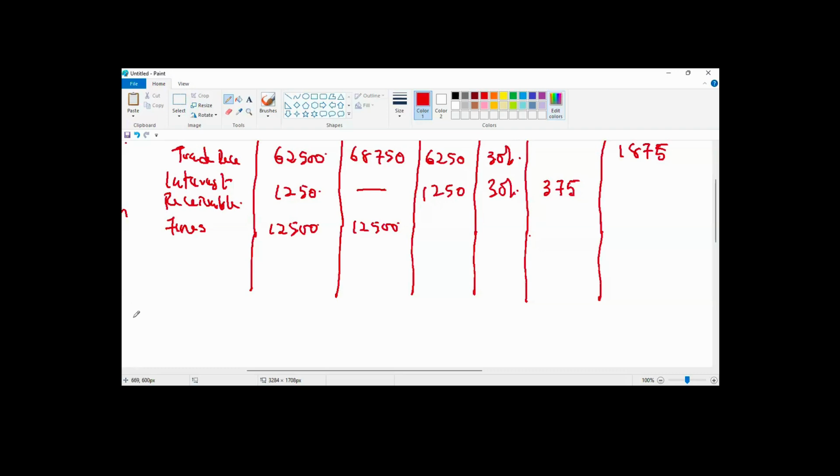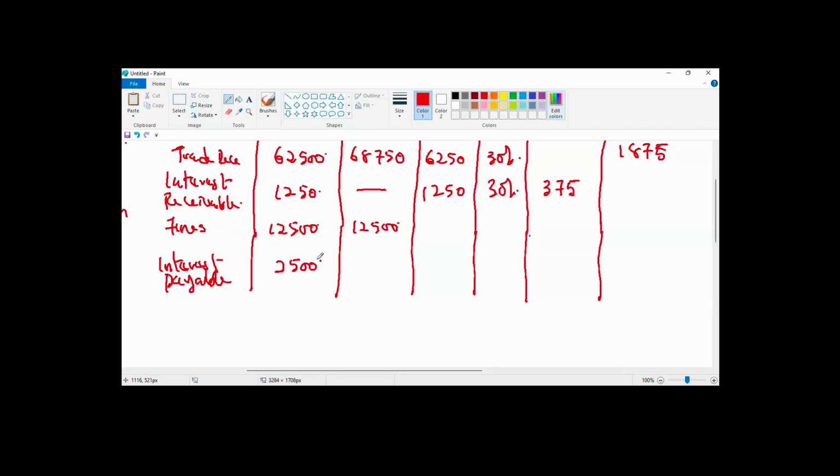Interest payable. How much is the figure for the interest payable? 2,500. He said interest is taxed on cash basis.